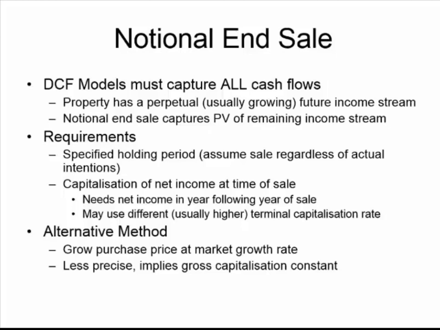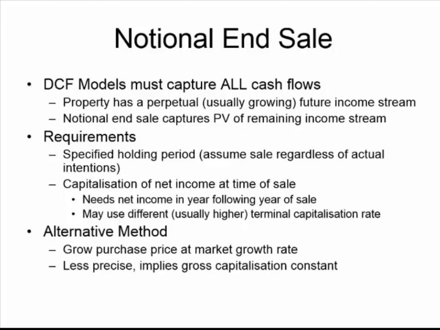What that means is that the very last cash flow that happens at the end of the last year of the model includes the revenues, the expenses, and also the notional end sale. If we're going to work out what that is, if we put ourselves in the shoes of someone considering buying the property at that point, they will be capitalising the year following its income or its net operating income.